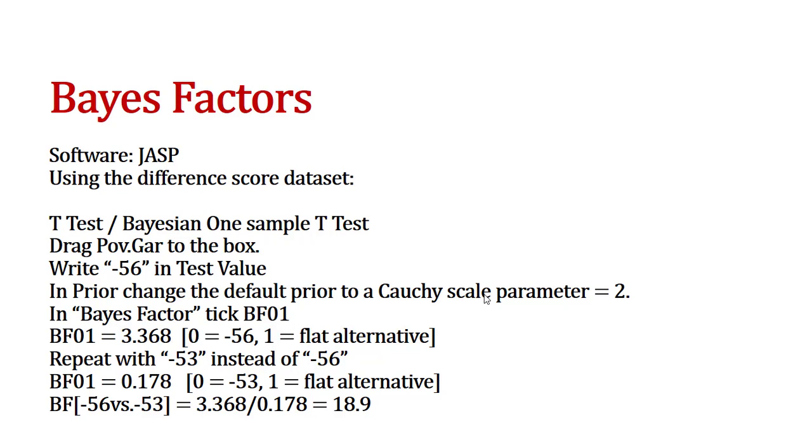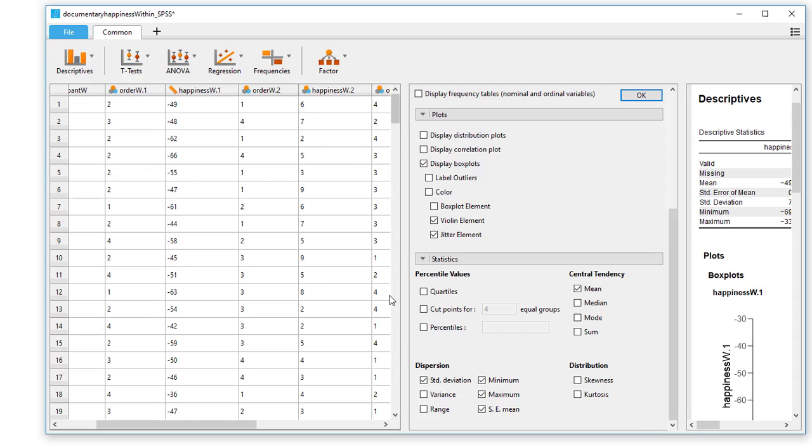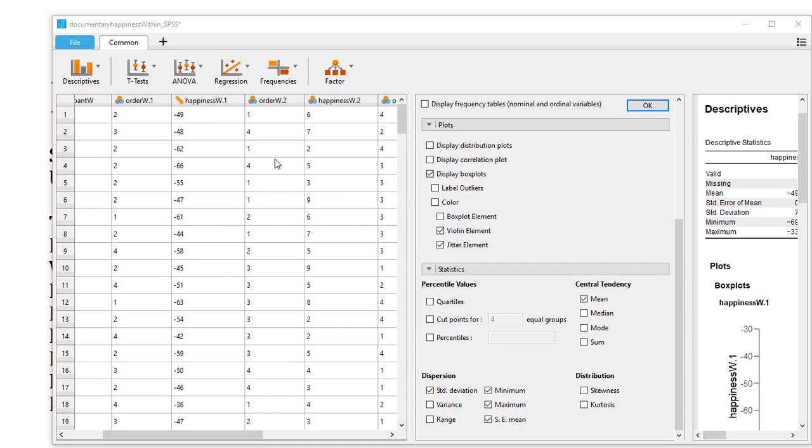Okay, so there is a technical issue. So I'm going to start with JASP and I'll show you what's the technical issue. Okay, so we've got the data here. Sorry, so we shouldn't use this data set.